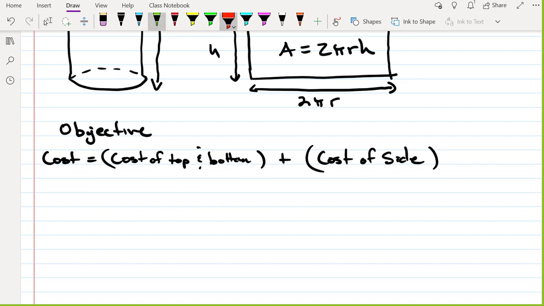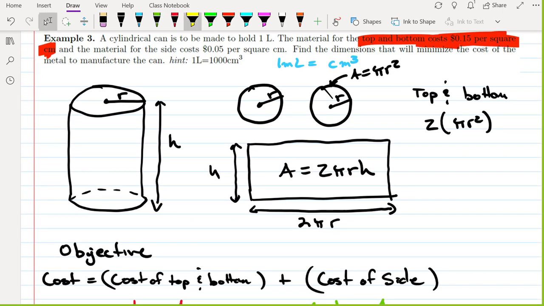So this one is going to be the cost per square centimeter times the area. And we're going to get the same thing here, where it's going to be the cost per square centimeter times its area. So our cost per square centimeter for the side is this.